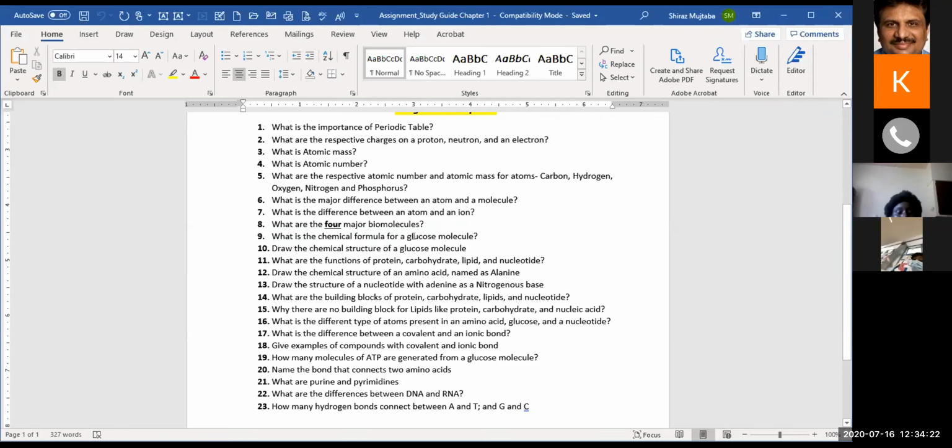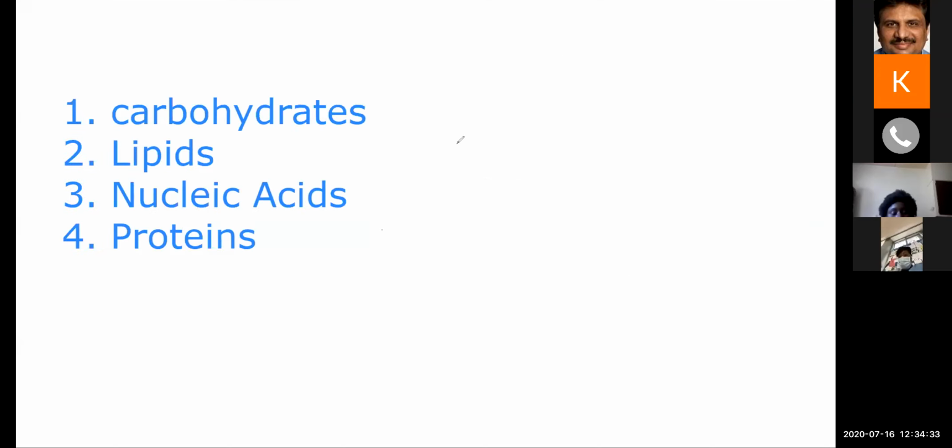What is the chemical formula for glucose? So let's look at these biomolecules.